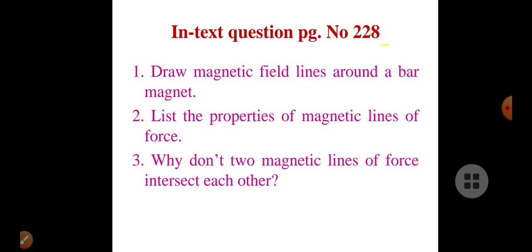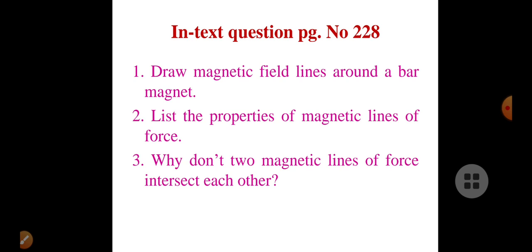In the same way, on page 228, draw magnetic field lines around a bar magnet. So you have to draw figure 13.4 given on page 225 in your NCERT. List the properties already discussed. These are closed curves. No two magnetic field lines can intersect with each other.